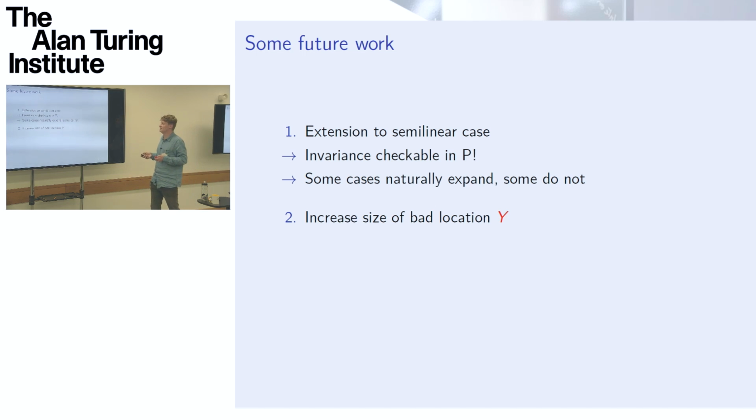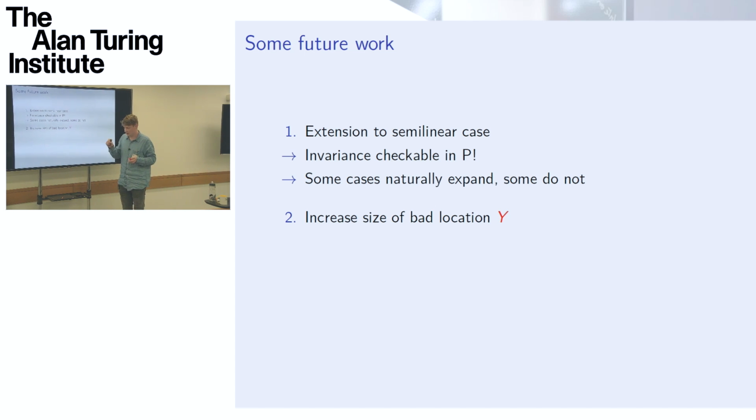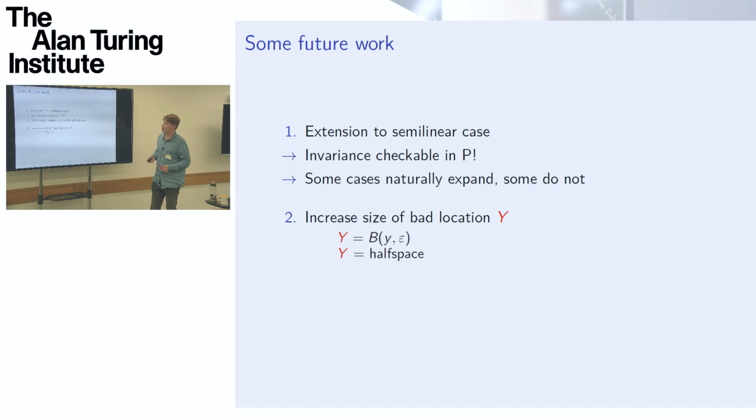Another idea would be not looking at whether we reach a point, but whether we reach a larger set. So for instance, do we reach a ball, or do we reach a half space? These are both hard questions that are not known right now. People are working on this in Oxford.